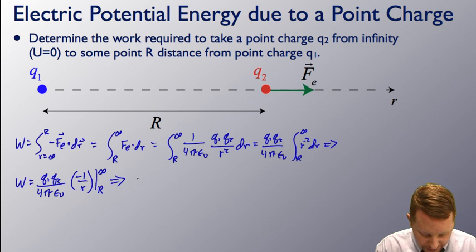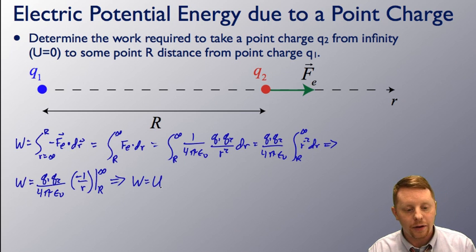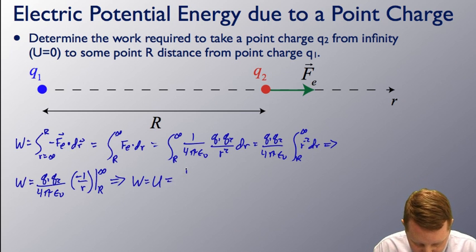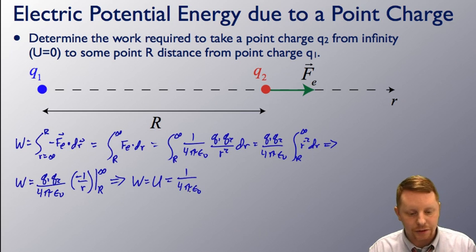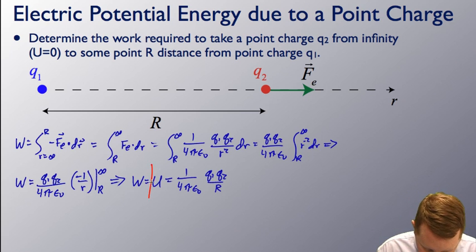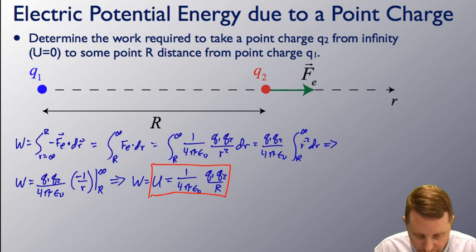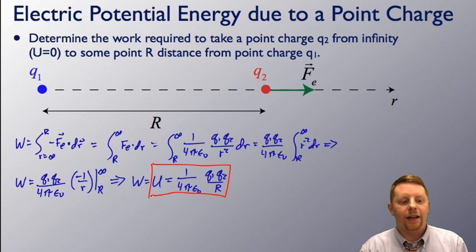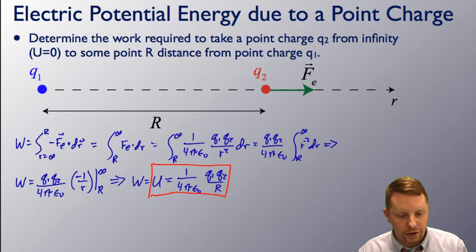And when I work through that, I'm going to find then that the work I do, which is equal to the potential energy now of that configuration, is equal to 1 over 4 pi epsilon 0 Q1 Q2 over capital R. So we've found the electric potential energy due to a point charge.